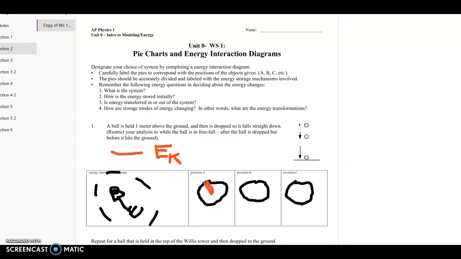Now, there's been some confusion about the word potential. Potential energy is stored energy. The potential energy that we're going to use in this class primarily is gravitational potential, right here. So there's been some confusion, like somebody thinks potential is a thing by itself.